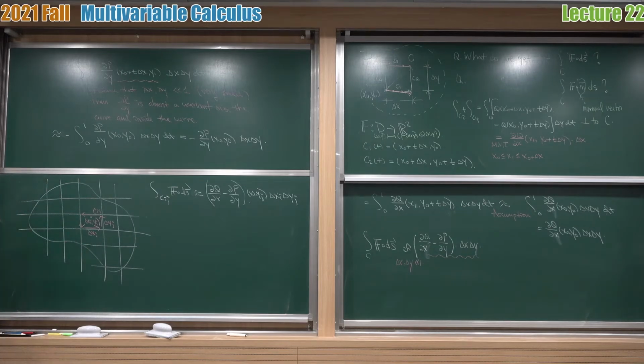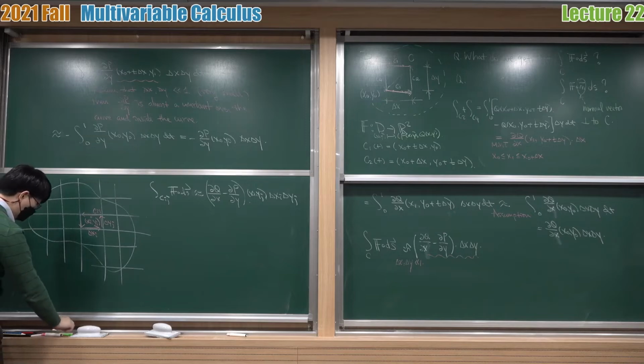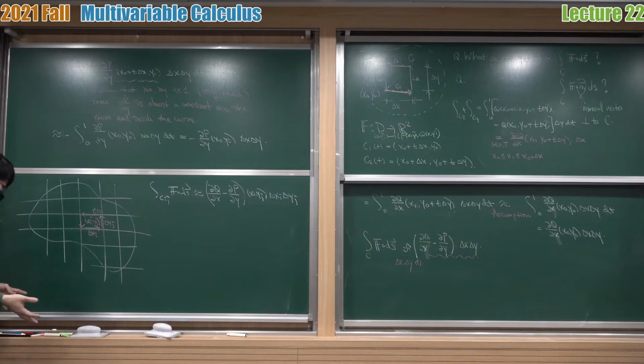I'm going to do this for every curve that's enclosed by this curve, and add them all on the left and right side.